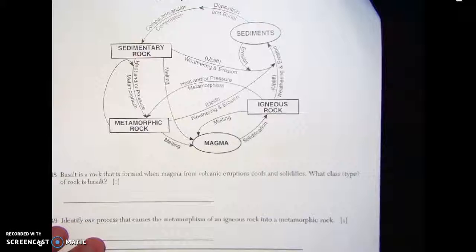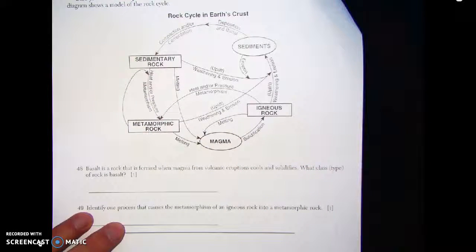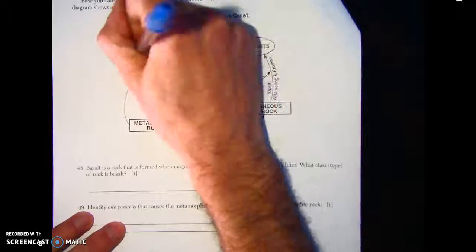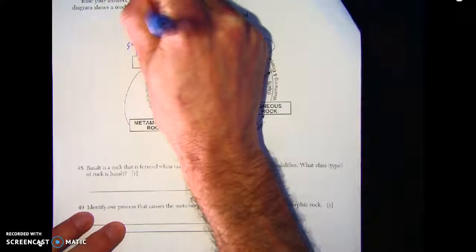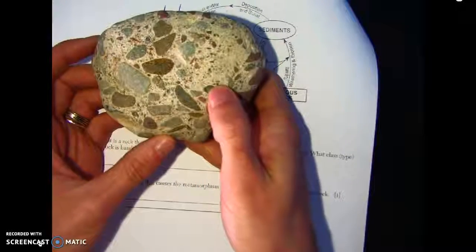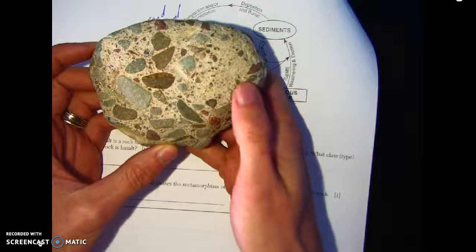Okay, here we have a question about the rock cycle, and this is something that you probably did back in 6th grade. You might not remember doing it, but I'm sure you did at some point. And we have 3 different types of rocks. Sedimentary rocks, which are made up of things like sand and gravel. Here's a sedimentary rock right here, and we can see that it's made up of bits of sand and gravel and pebbles that are all stuck together.